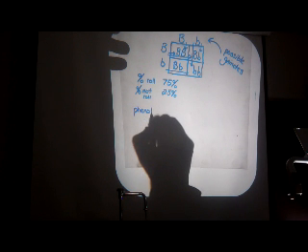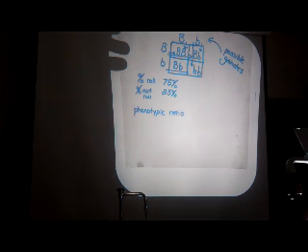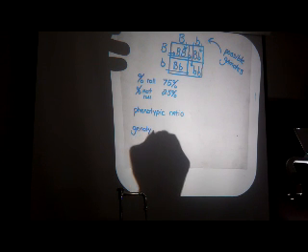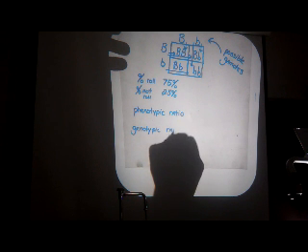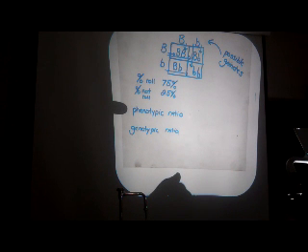I also want you to be able to give me both a phenotypic ratio, don't let that word ratio throw you off, and a genotypic ratio. In other words, remember what phenotype is. Phenotype is what you see.